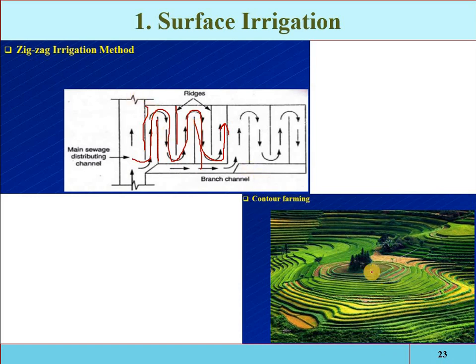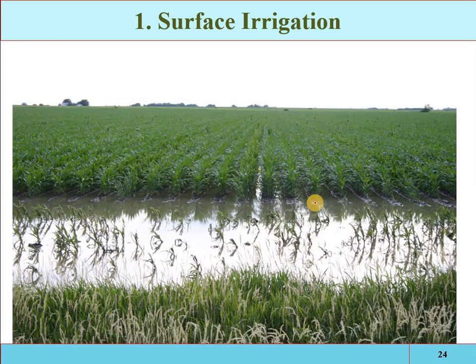When the slopes are very steep, the land is divided into different terraces, or divided into different borders across the slope, which is called contour farming. So this is the surface irrigation in which the water is widely or controllably spread on the surface of agricultural land in flooded form.